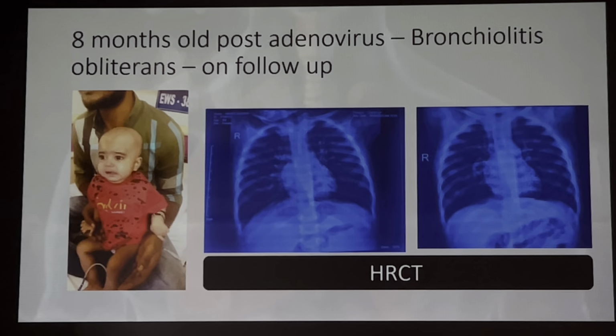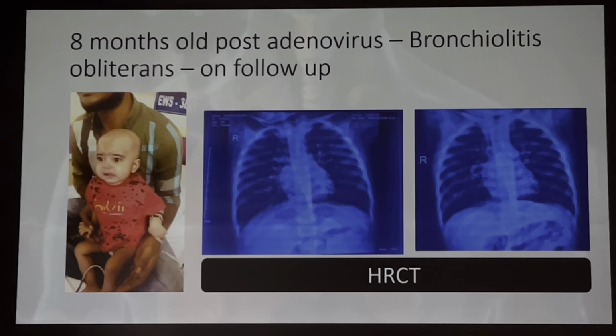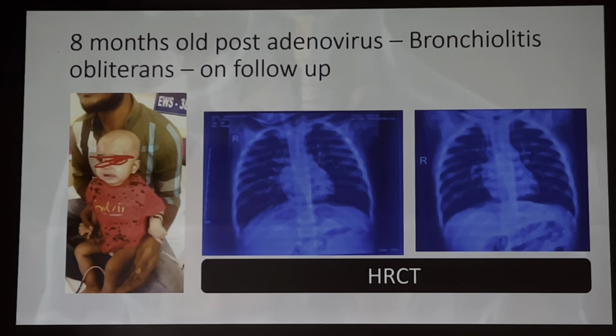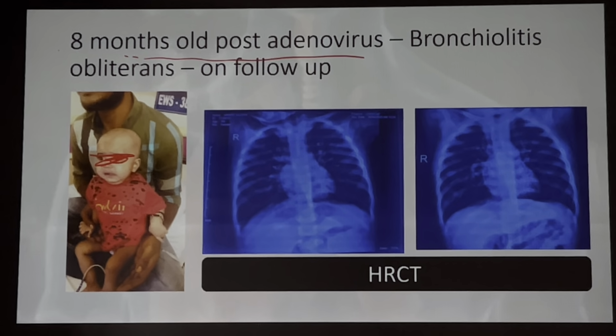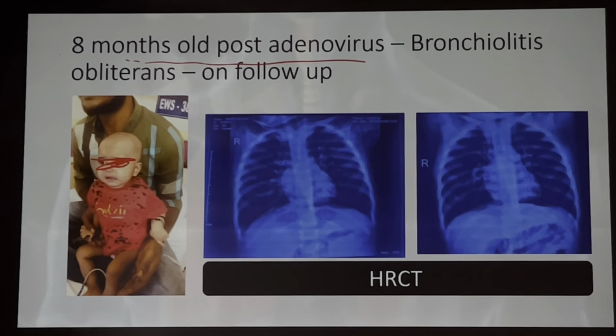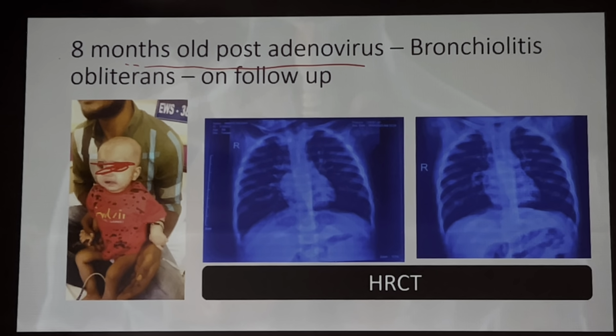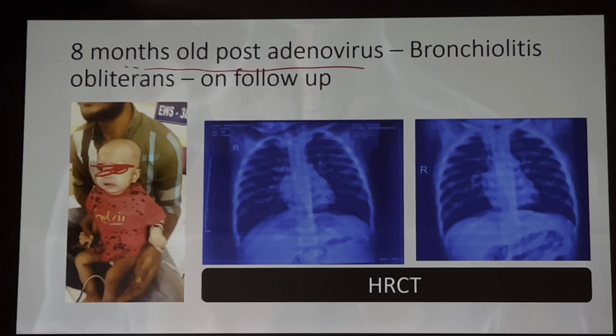Now, what are the indications where we actually don't need contrast? Look at this 8-month-old. Unfortunately, I couldn't hide the face. Eight months old with typical post-adenovirus bronchiolitis obliterans. Everybody has had a lot of trouble this season with this type of patient, and the patient does not get fine for almost 6 months.